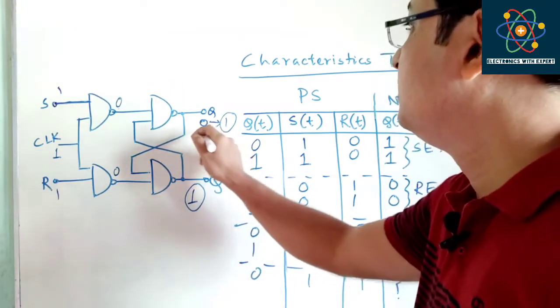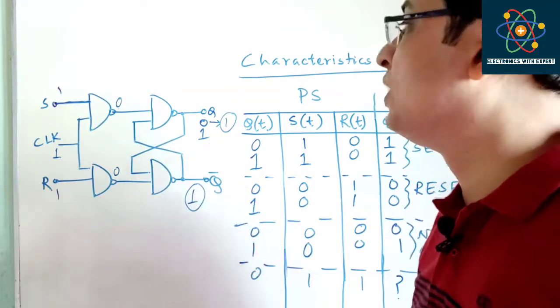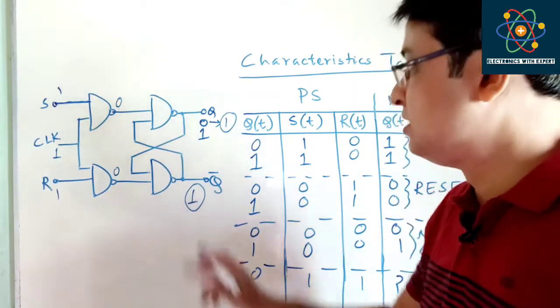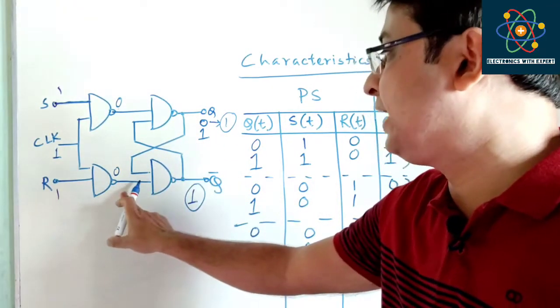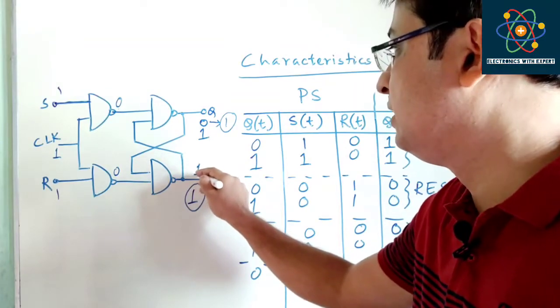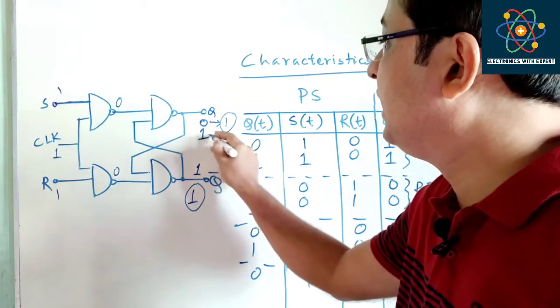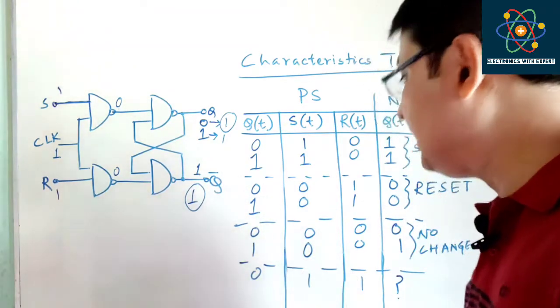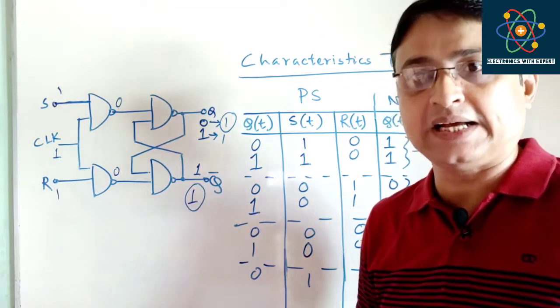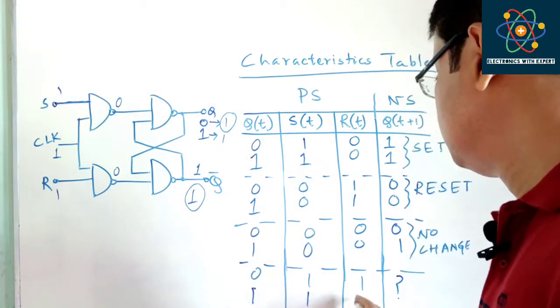Now if the previous state output was 1, what happens? For Q equals 1, that means 1 and 0 again makes this Q bar 1, and 1 and 0 again makes this output equal to 1. So again an undetermined state appears here.